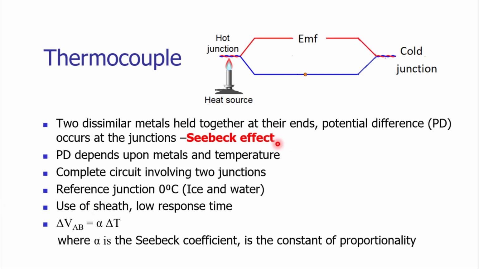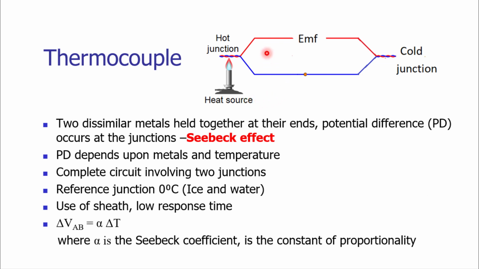The Seebeck effect states that when two dissimilar materials are held together at their ends, then a potential difference occurs at the junctions, and this potential difference is proportional to the temperature at these junctions.